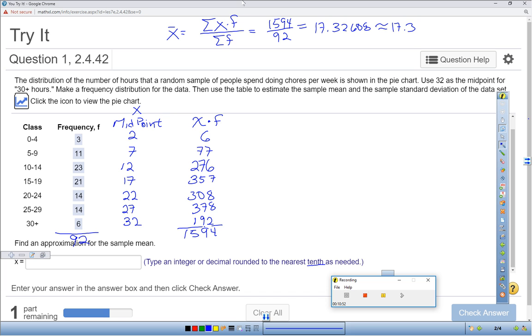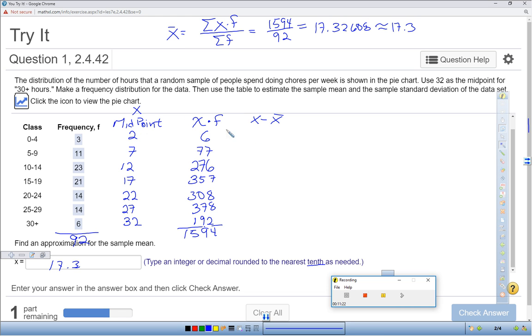The first one is I need to subtract the mean, which was 17.3, from each midpoint. So let's do that: x minus the mean. Remember that the x is the midpoint.